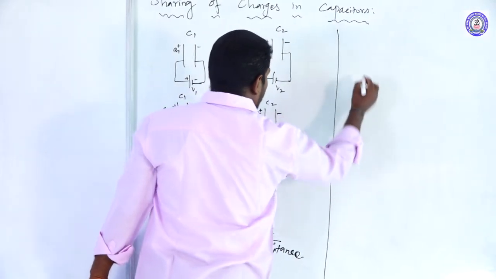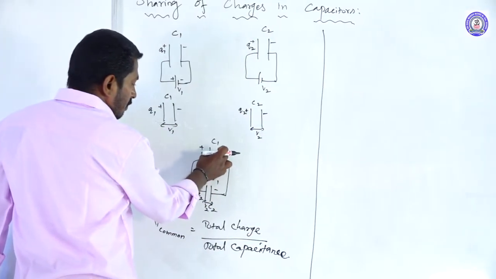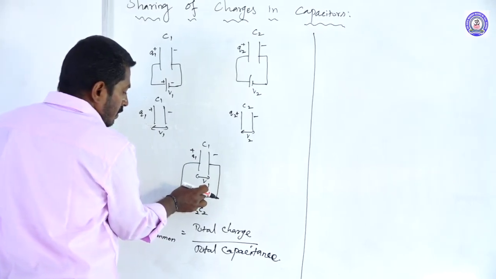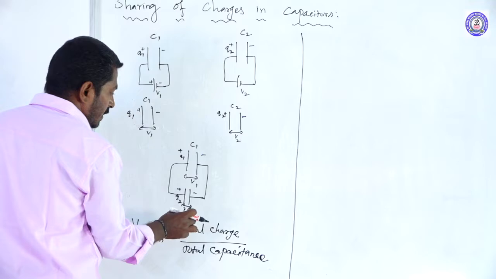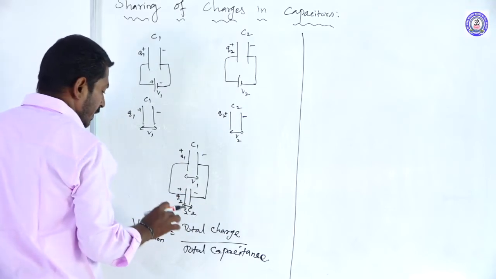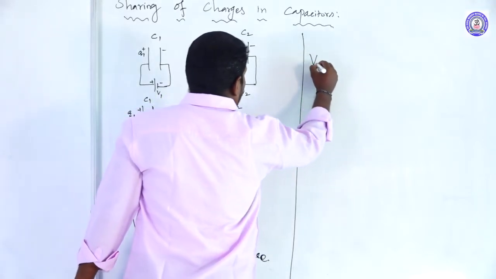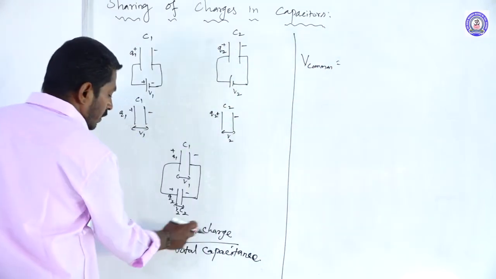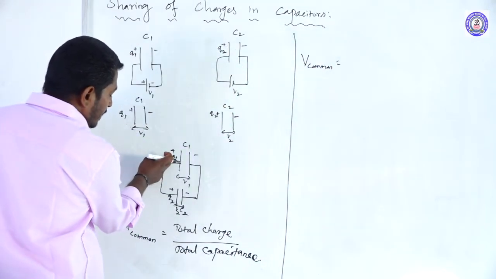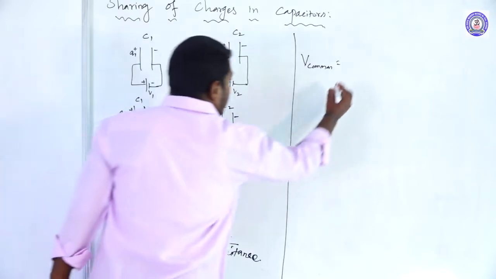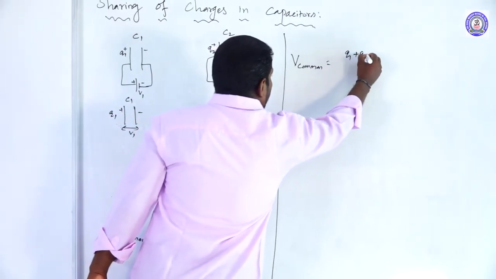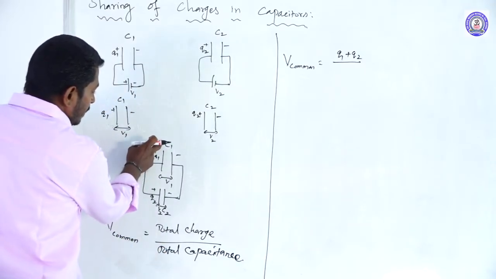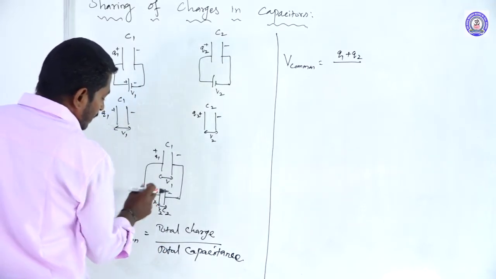After distribution of charges, both capacitors attain the same potential. Then the common potential is equal to the total charge, meaning the charge on the first capacitor plus the charge on the second capacitor, Q1 plus Q2, divided by the total capacitance C1 plus C2.